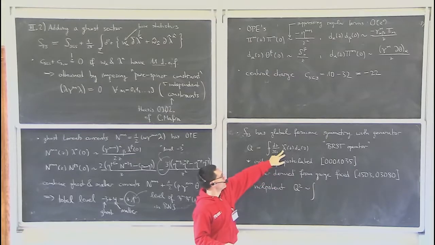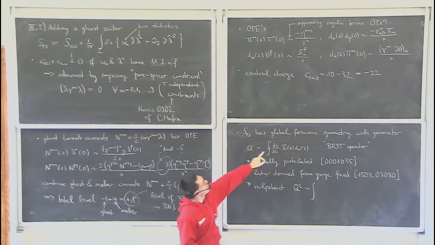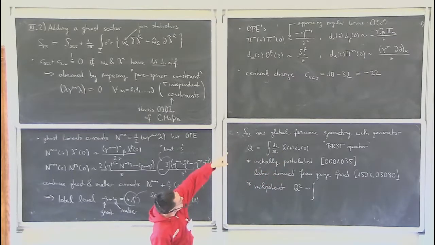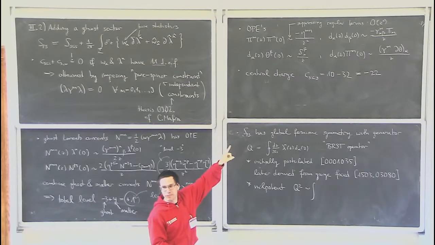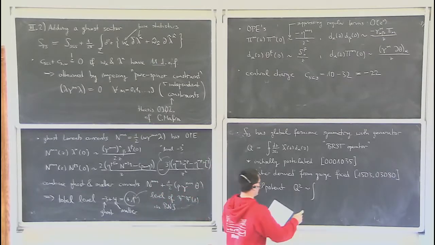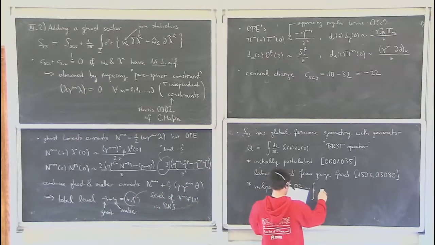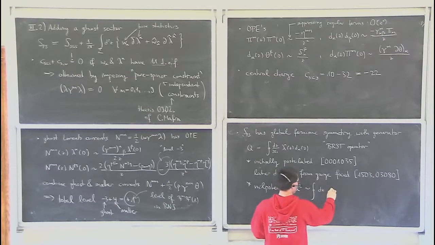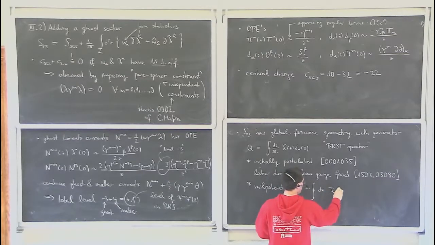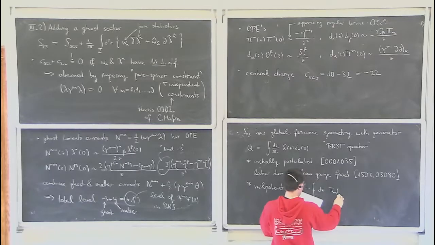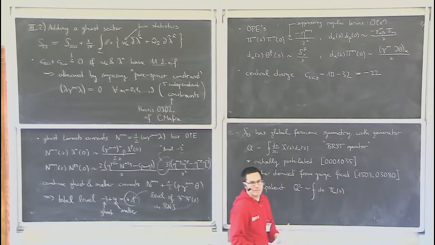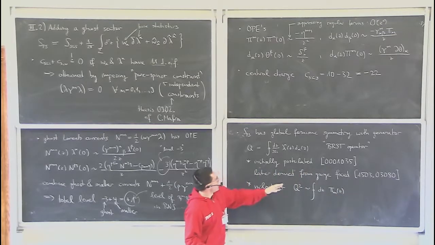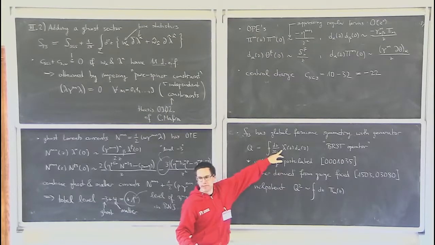There are no OPEs between lambda and lambda, but for the d field, you see the OPE upstairs. d alpha with d beta will have some non-zero OPE. So from the d alpha, d beta OPE, you generate a pi field, and both the d alphas are multiplied by a pure spinor.